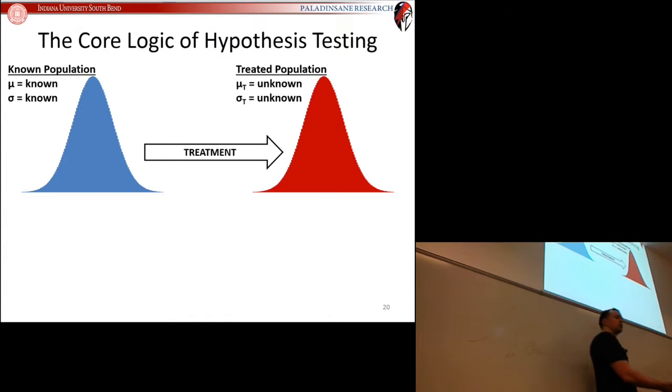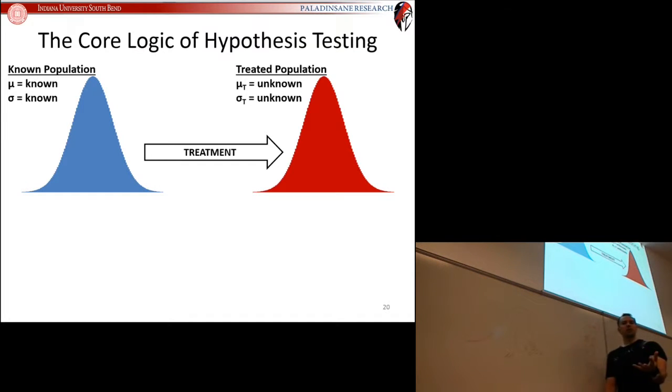We would change it into this new, unknown population. So if these were depressed individuals, and we had a treatment for depression, we would end up with a new population of not depressed individuals, right? So this is the new population, and notice we don't know what the new population mean is.